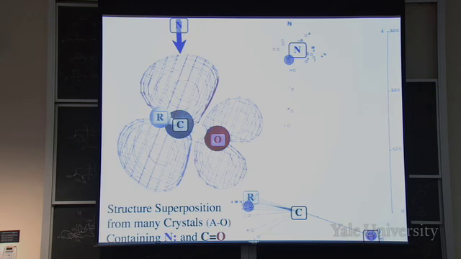Okay, but now look, let's go G, H, I, K, L. Do you see what happens? Let's go back. K, I, H, G. These are 5 different crystal structures.